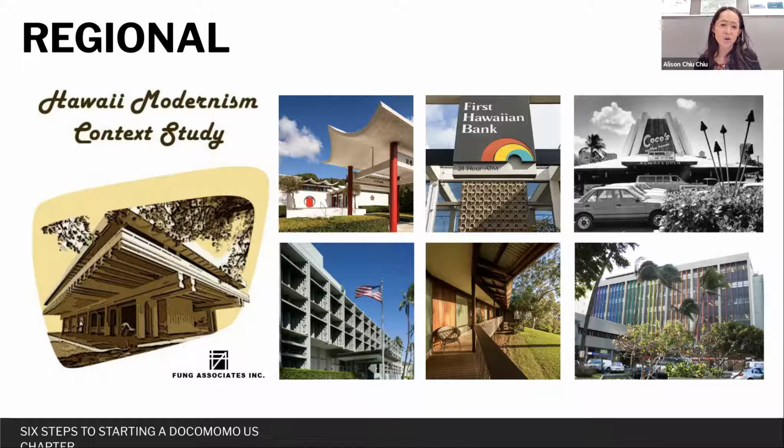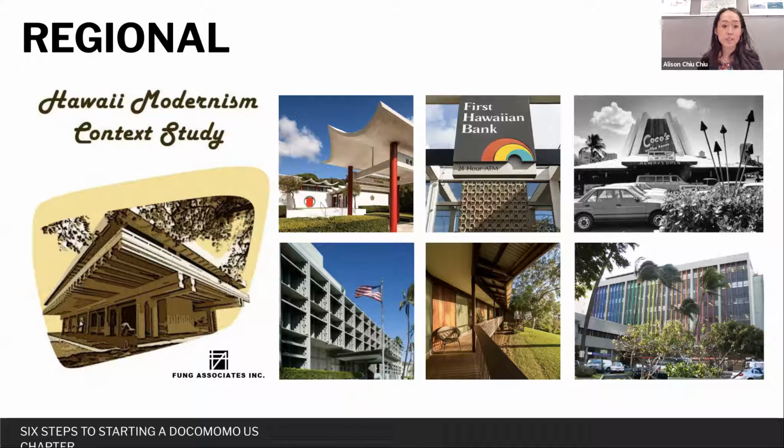And one of the early things that we did as a chapter is that we started to identify our favorite mid-century buildings and to see what makes our chapter special. Liz mentioned this earlier, and this was a really fun exercise for all of us that helped us craft our chapter's identity, also within the context of the broader US organization.